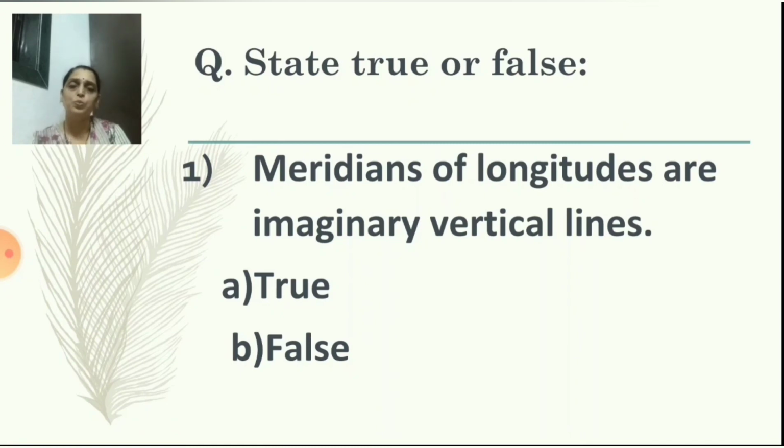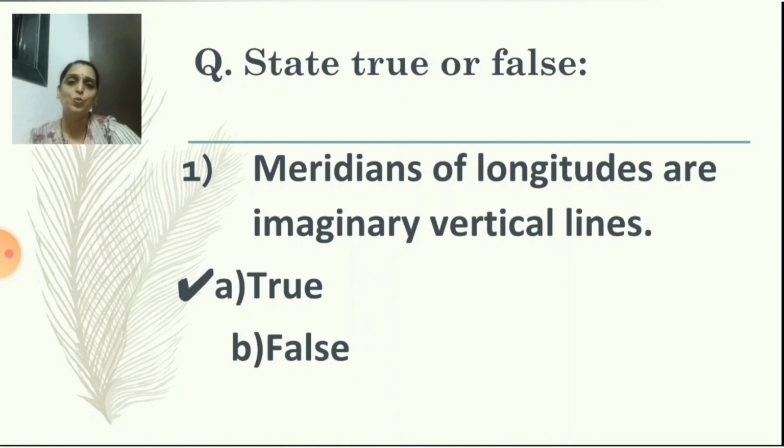A, true. B, false. If it is true, take true, or if it is false, take false. Now the statement: meridians of longitude are imaginary vertical lines. Is it true or false? Yes, it's true. A, true.